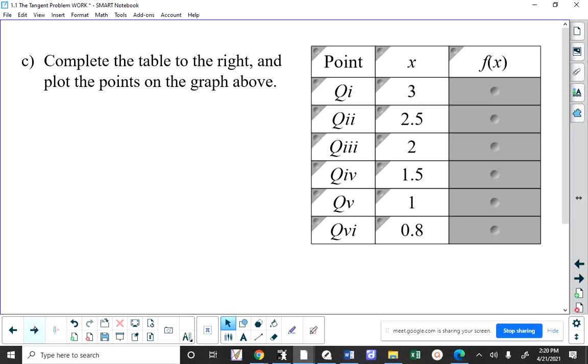That's really important. So the first thing we want to do is calculate each y-coordinate for all of these. So I'll give you a minute to do so. These points are all points on the curve. They're not on the tangent line, they're on the curve.